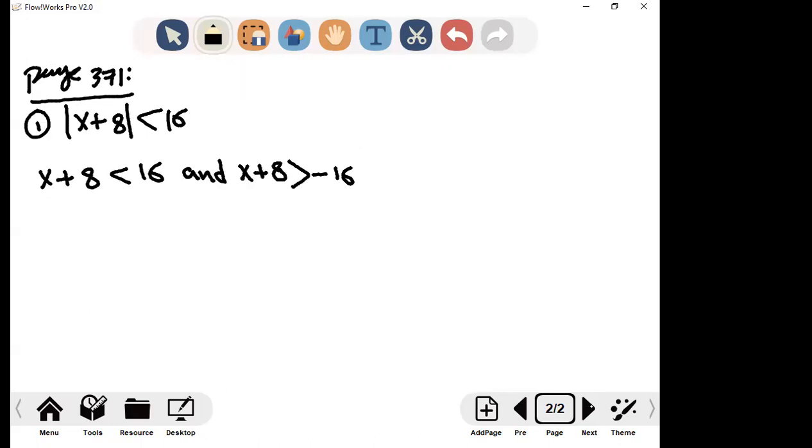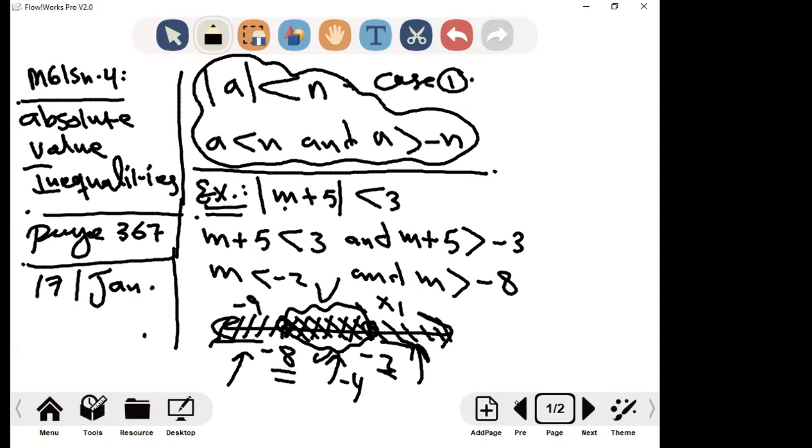Case 1 is still less than: A less than n and A more than negative n.